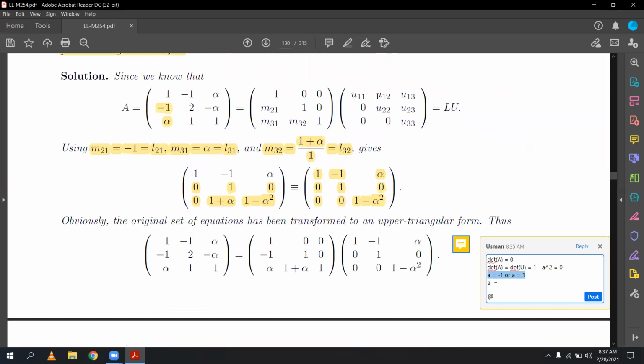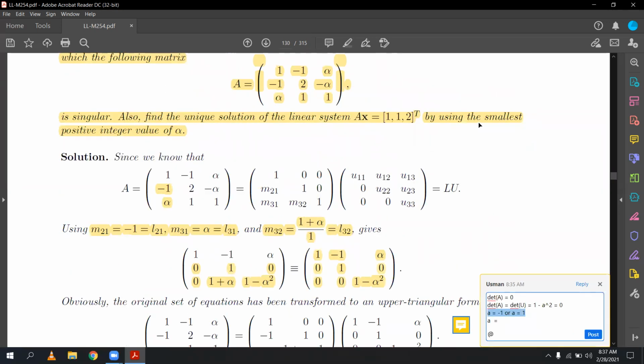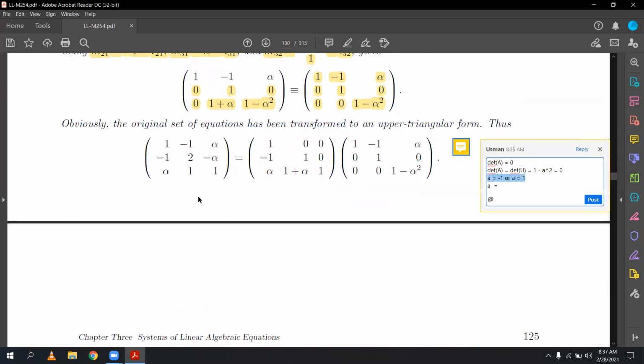It says use the smallest positive integer value to find the unique solution. It means we cannot use alpha equal to 1. We can use the very next positive integer, which is 2. So we use 2 here.